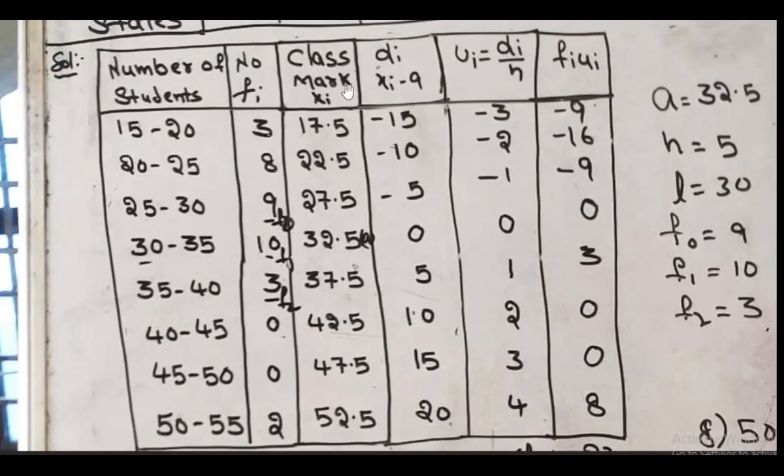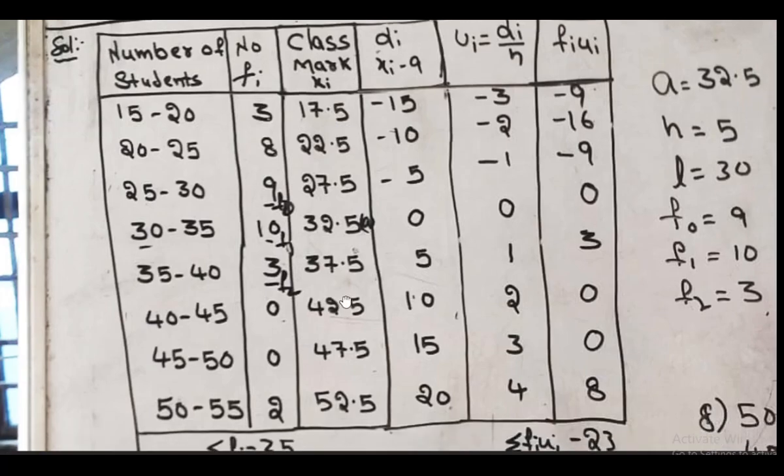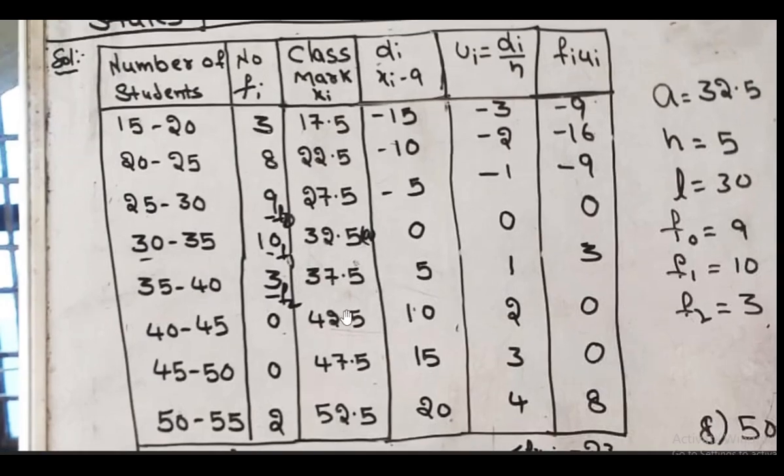So first we are going to find the mean of the data, then after that we check the mode of the data. To find the mean of the data, if you observe, the data is a little bit large.